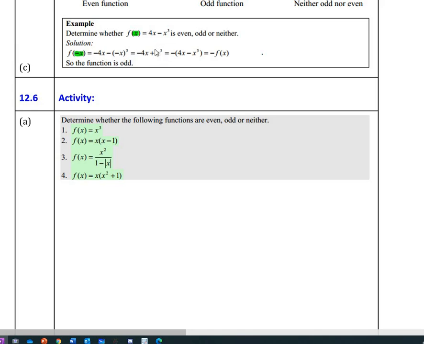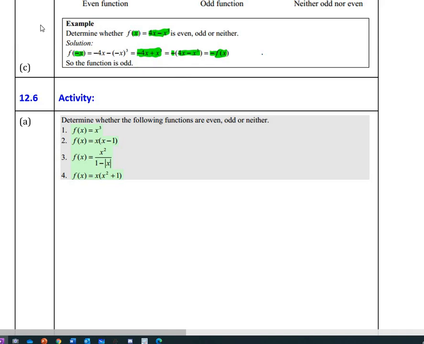Well, I can clearly see that is not the same as that. So it's not even, because I must get the same answer back for even. But if I take out a negative here, I see I am getting negative the original. And because I'm getting negative the original, this is an odd function.